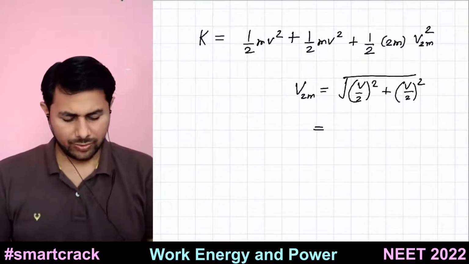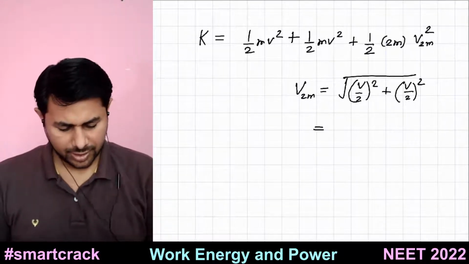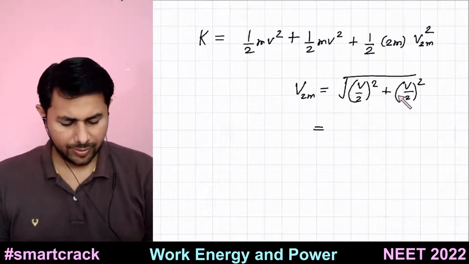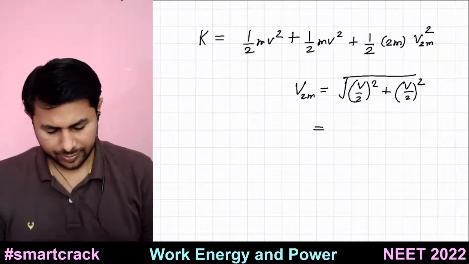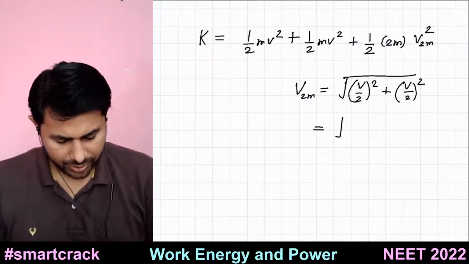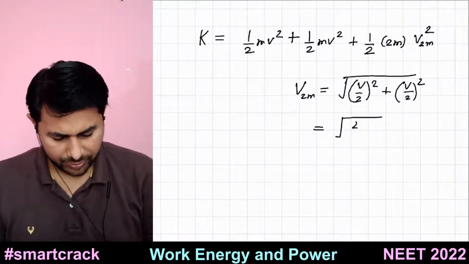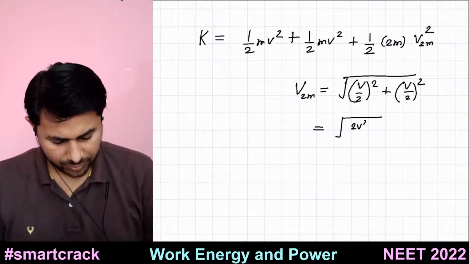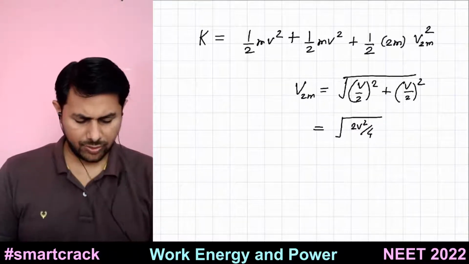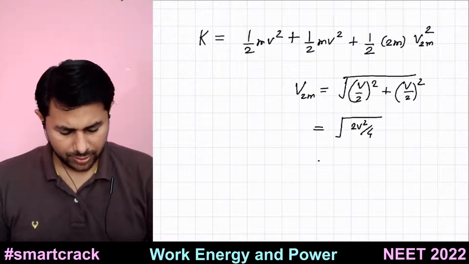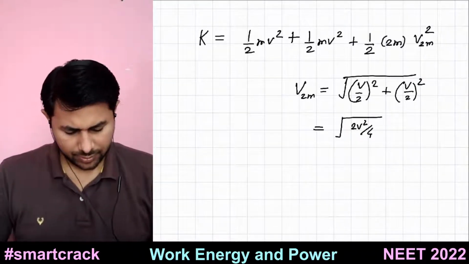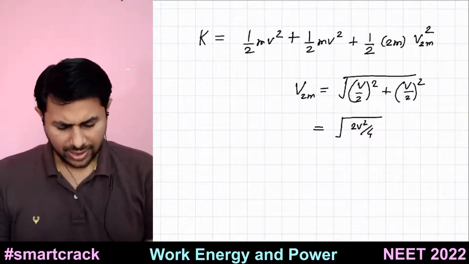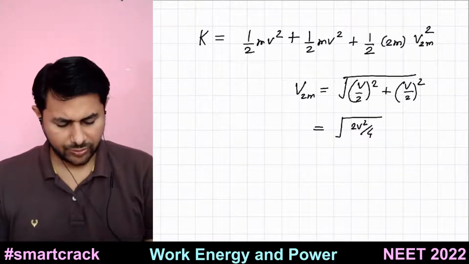So v square by 4 plus v square by 4 is 2v square divided by 4, so the square root of v square upon 2. But I just want v2m square, no?